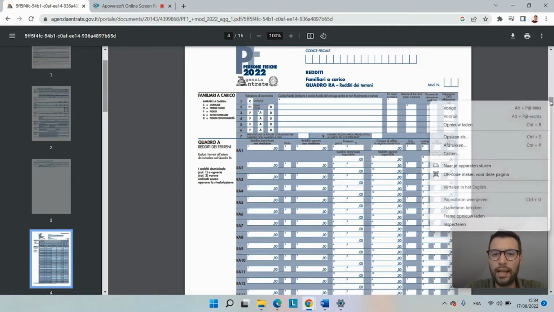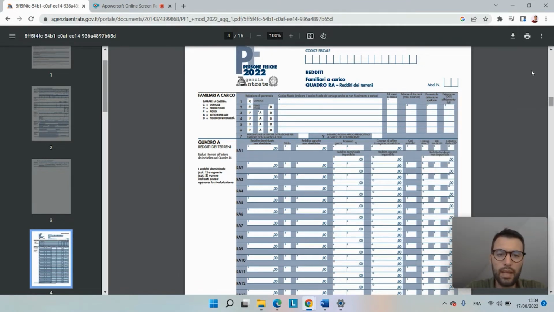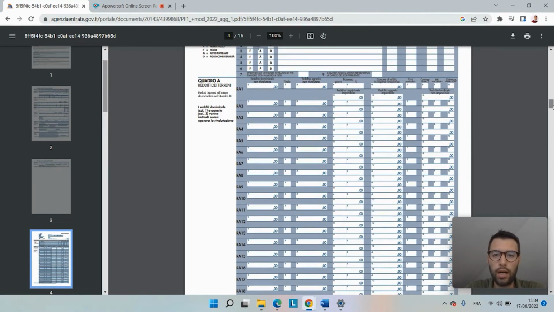So, familiare a carico basically means if you are paying the taxes for some member of your family. For instance, if you have a child, you can deduct some costs and you can have a lot of tax advantages in Italy. Quadro A, which means box A, is where you put the cadastral revenue of land.